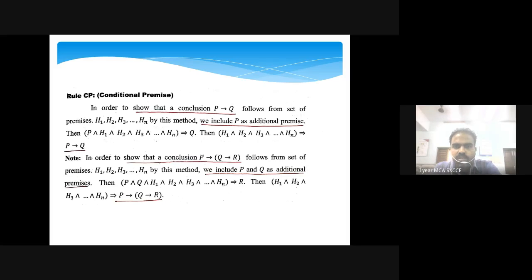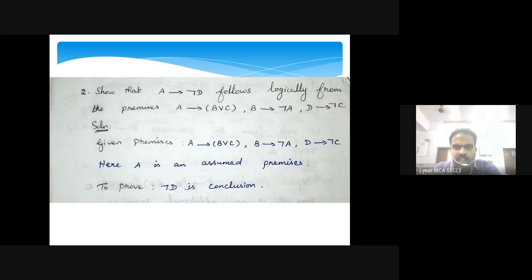Right? So to prove P goes to Q, you have to add A as an assumed additional premise. So here A is an assumed premise, to prove that negation D is our conclusion.